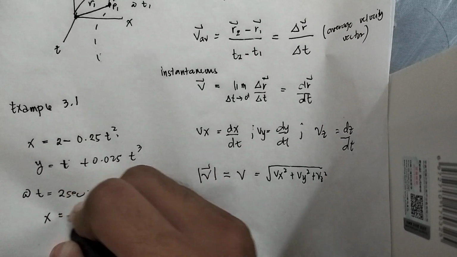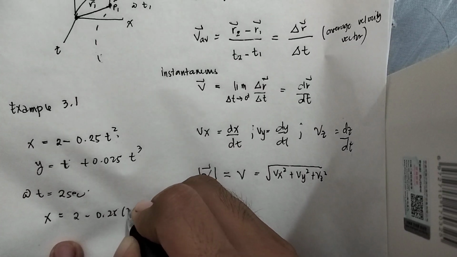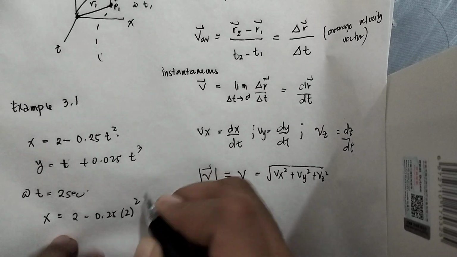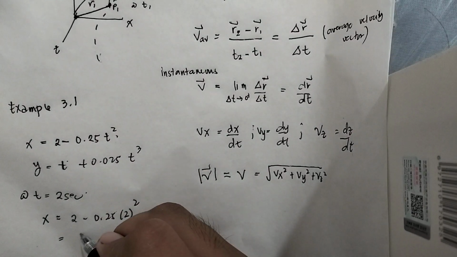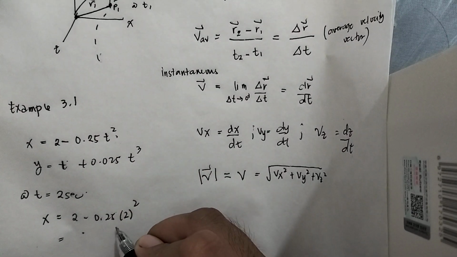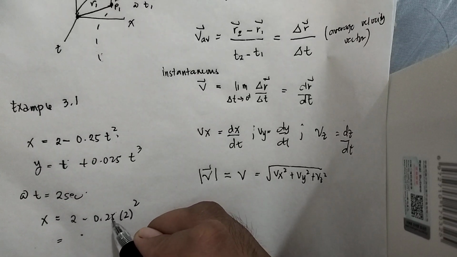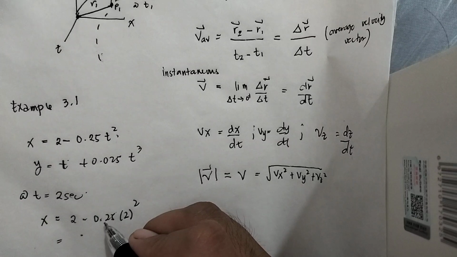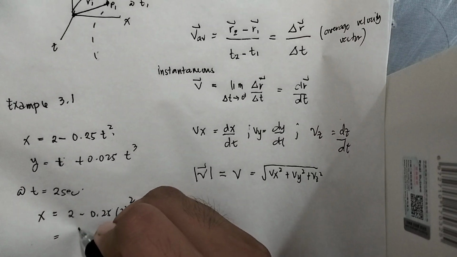So, your x coordinate, 2 minus 0.25 and then 2 squared. Squared man na. So, 4 times 1, okay, nakay 1 meter.